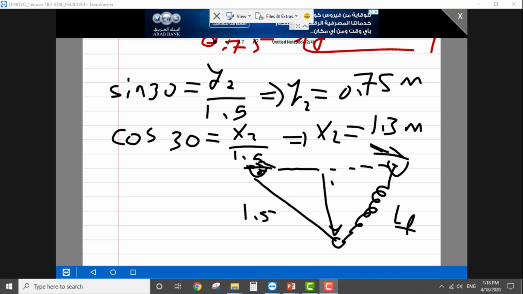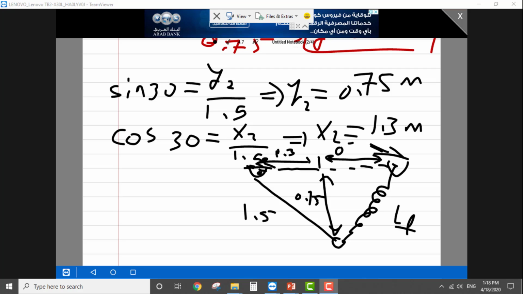This distance we could find is 0.75, and this distance is 1.3, and the remaining distance out of 2 is equal to 0.7.